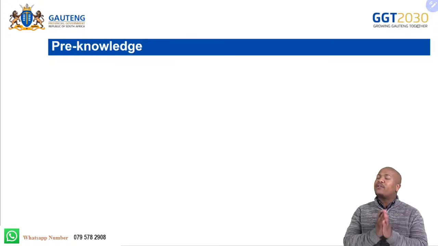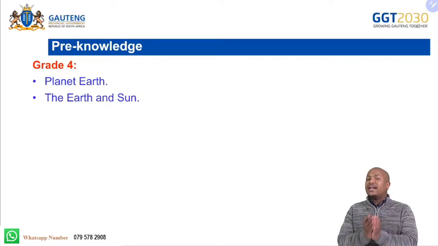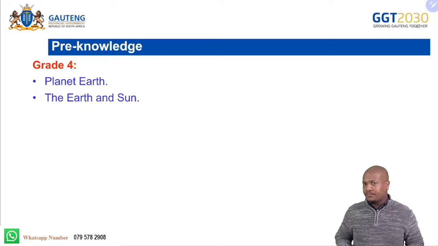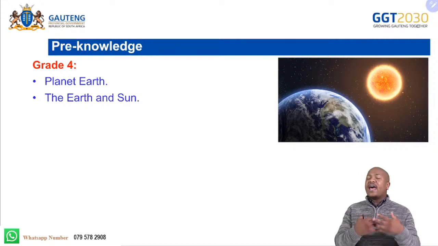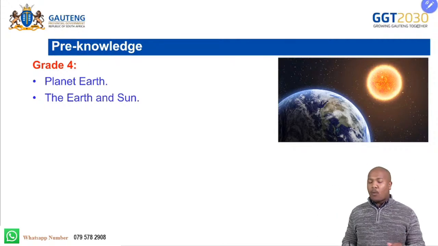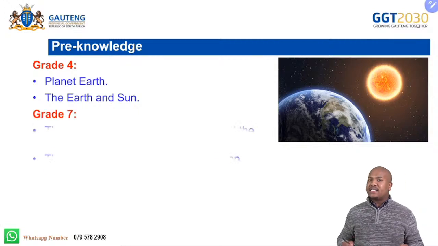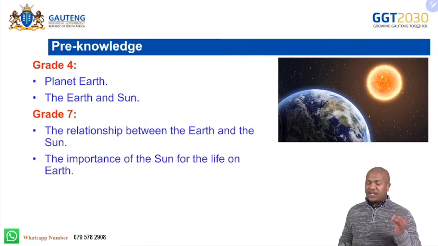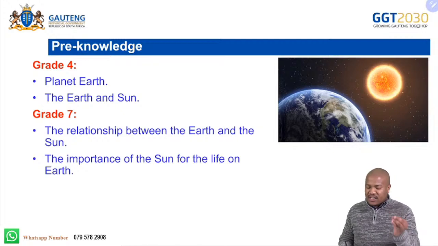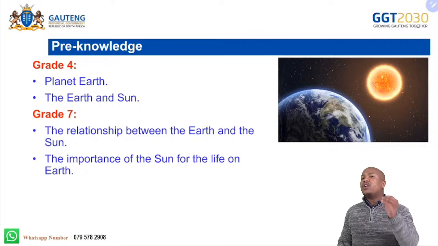Now let's look at what we have done before. We discussed the Earth and the Sun, and here is an example of the Earth in relation to the Sun. In grade 7, we discussed the relationship between the Earth and the Sun, and also the importance of the Sun for life on Earth.